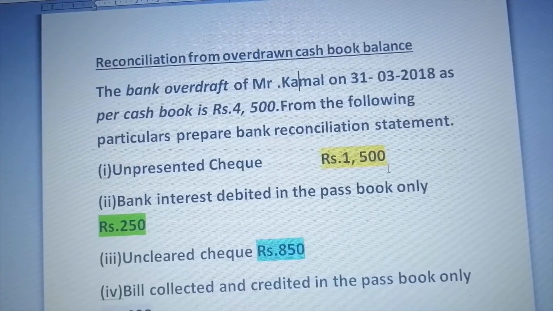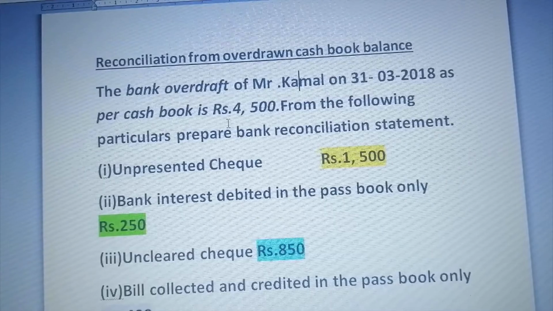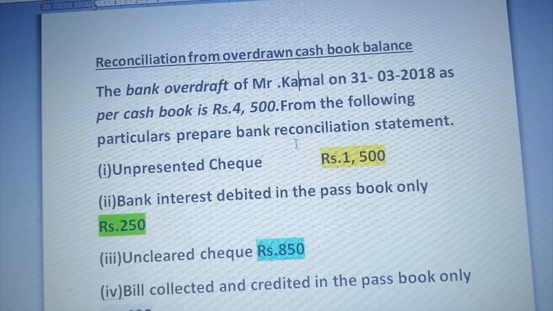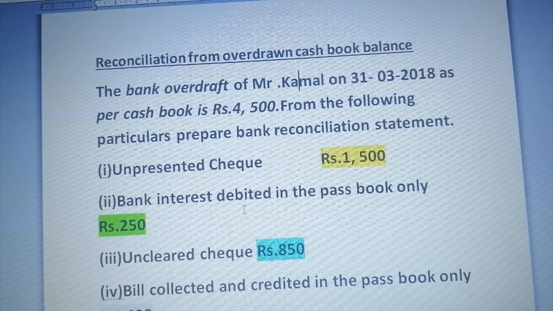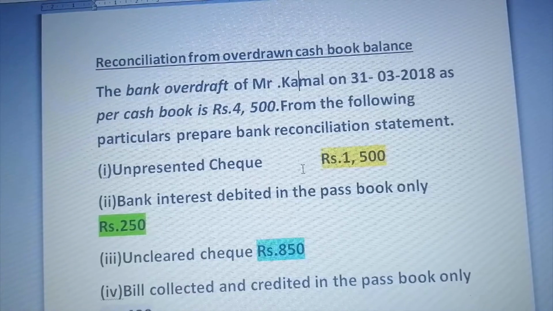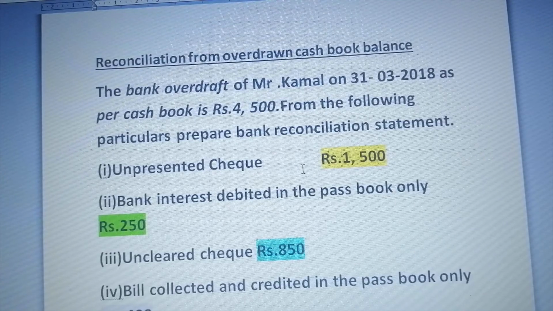Here we are going to find out the bank overdraft as per passbook. So we have to focus only on what are the changes in passbook balance. Okay. So this transaction leads to increase the balance of passbook when compared to cash book. So what we do? Here we have to take the things in reverse order. Okay. Increase means we have to deduct.